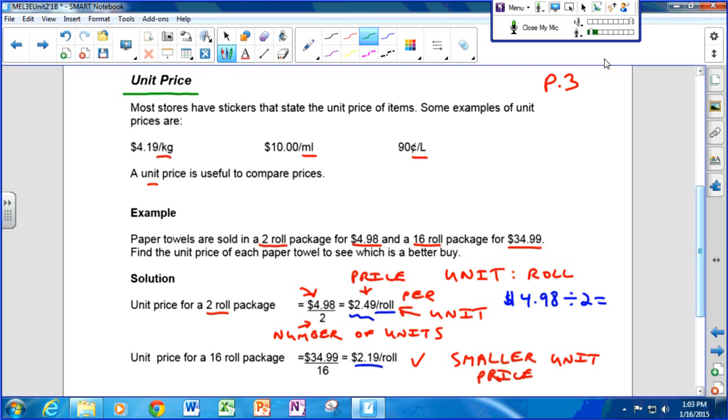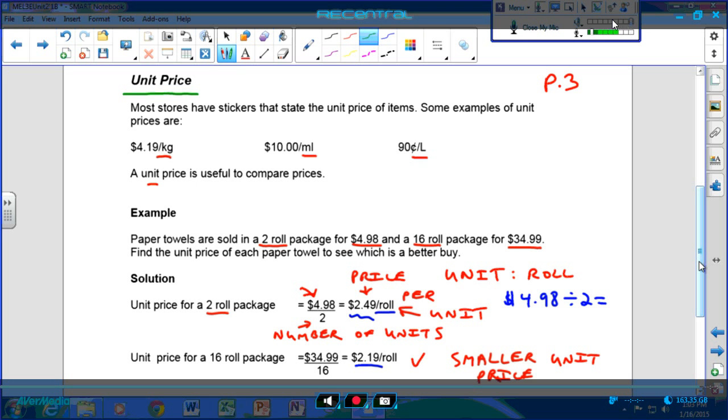When we're comparing two different packages, or even two different products, like jars of coffee, if you don't have a favorite, then you can just pick whichever one has the lowest unit price. Part of the issue when comparing unit prices is to figure out what the units are, because we have to divide the price by the number of units in the package.